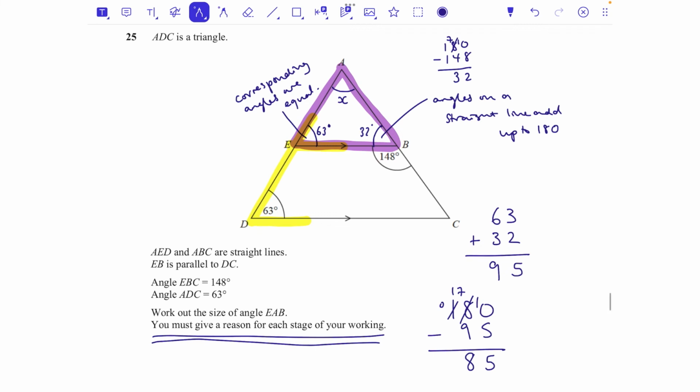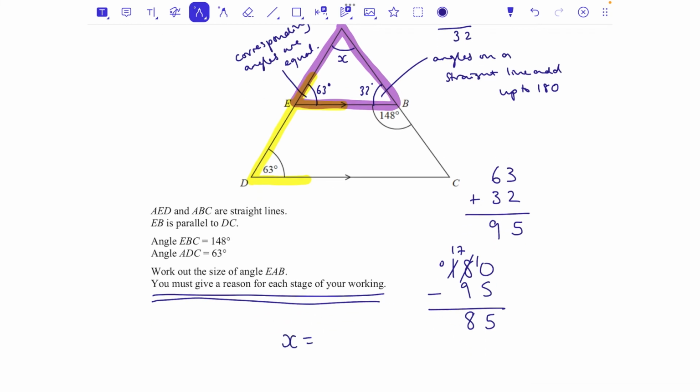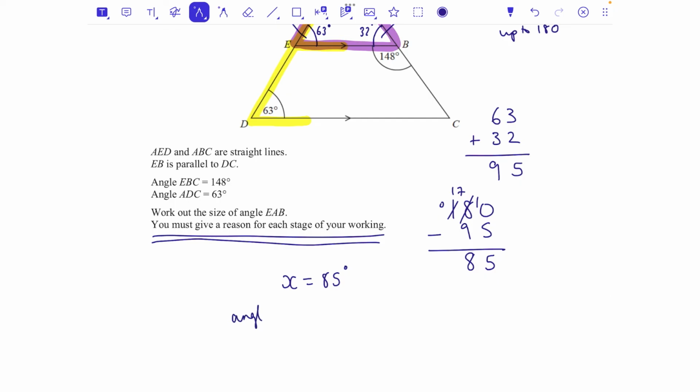So there we go, x equals 85, and the final reason that I've used is because angles in a triangle add up to 180 degrees. Perfect. There we go.